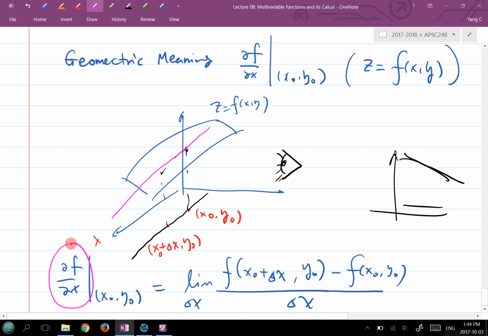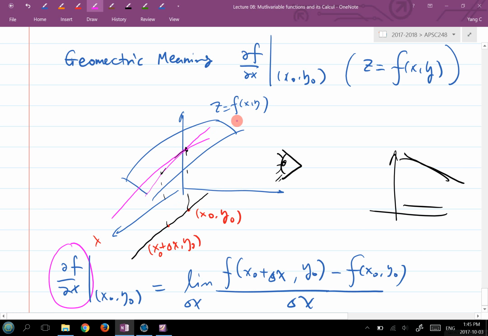So the partial derivative at a certain point with respect to x is a slope representing the curve when you go from here to here, traced out from the surface z equal to f of x, y. And similarly, partial f over partial y will be a curve on the other side. So that's what the partial derivative means.